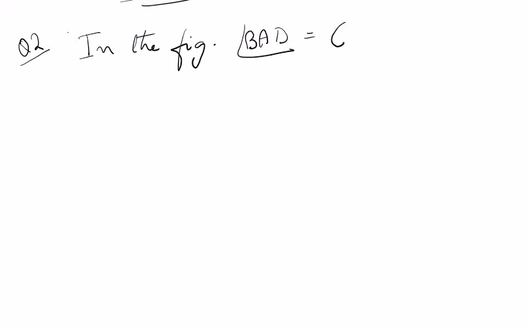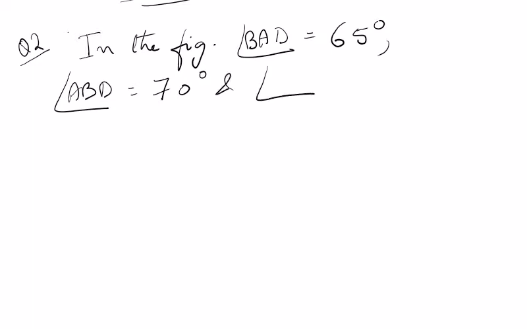Okay, children. Now, next question, question number 2. It is given in the figure, angle BAD is equal to 65 degrees, angle ABD is equal to 70 degrees, and angle BDC is equal to 45 degrees.